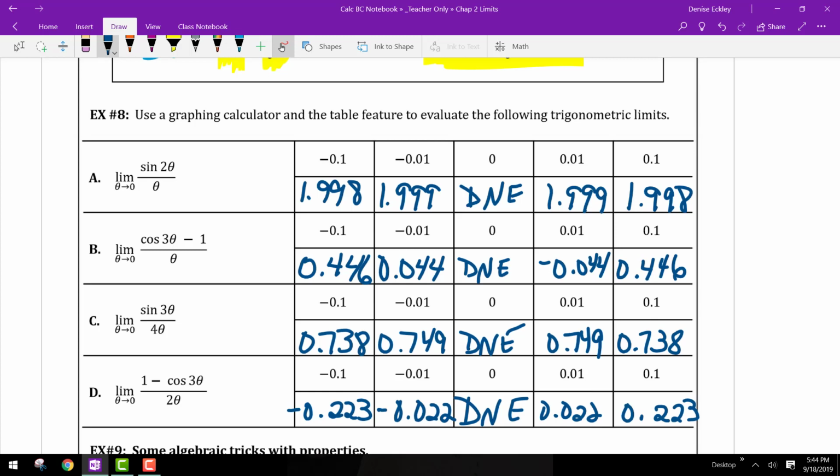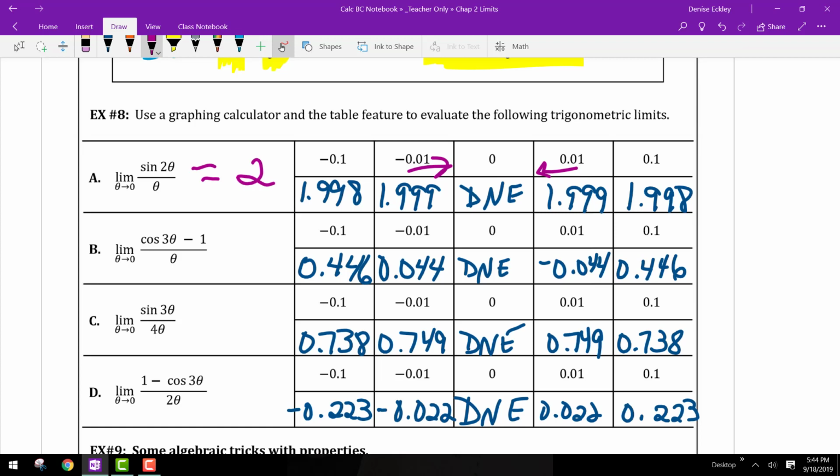So what we can see here is if we're taking the limit as theta approaches 0 for every one of these, we can see from the left and from the right that this function is headed towards the value of 2.